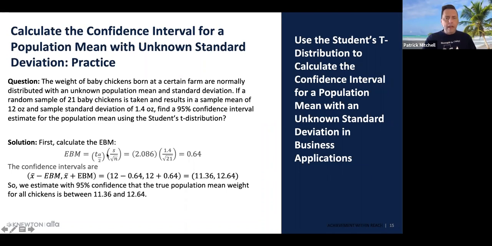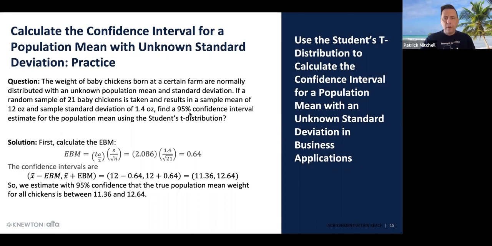Okay, so again, here is the formula for the error bound. Let's look at the table one more time. We have a sample size of 21, which means 20 degrees of freedom. And this is a 95% confidence interval, which means alpha is 0.05.